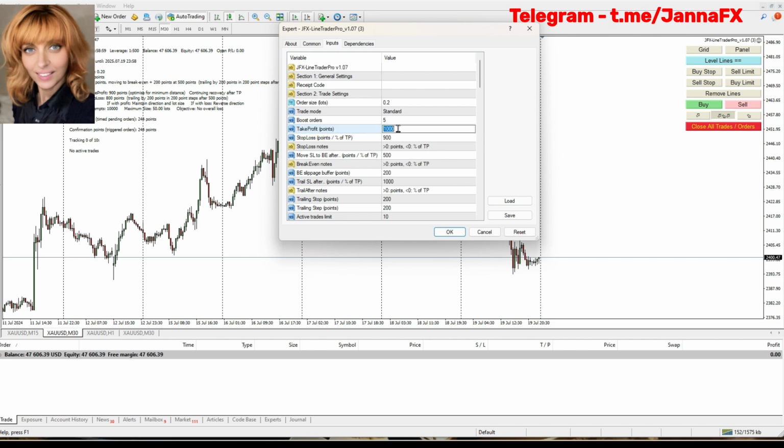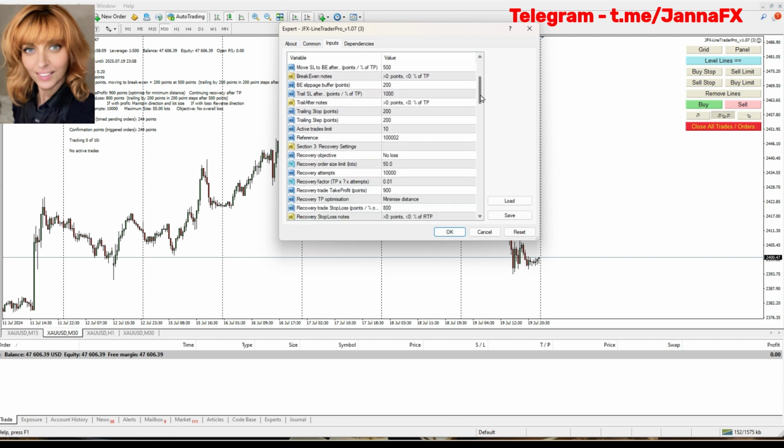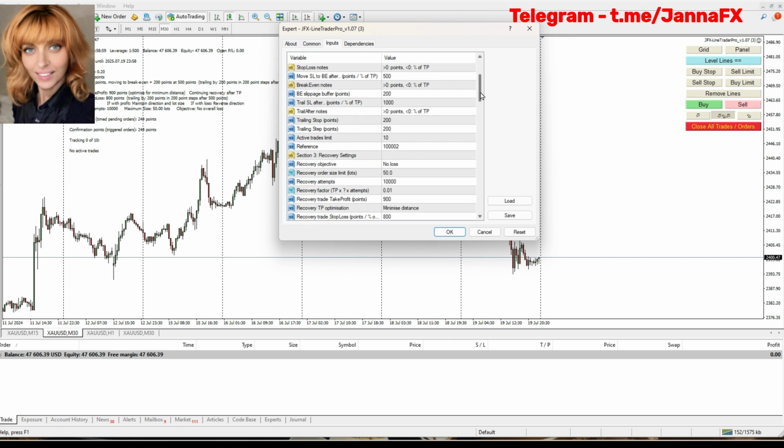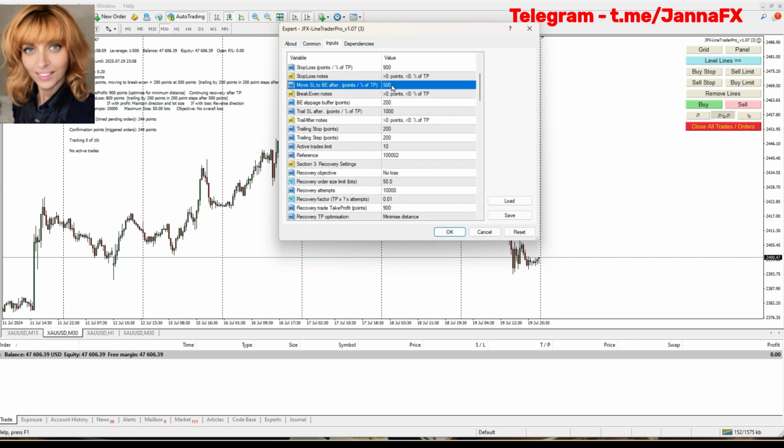So I'm just going to remove this. I'm going to leave that one just as it was. And so what do I have here? You see, it moves trailing. After 500 points it will move the stop loss to break even at 200. And the trailing will start after it continues another 500.